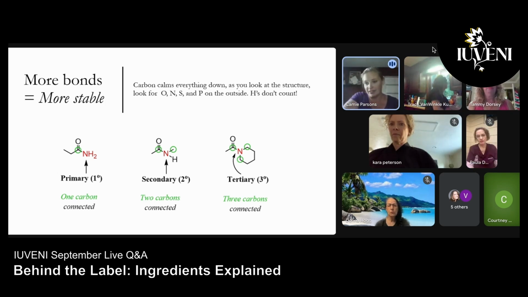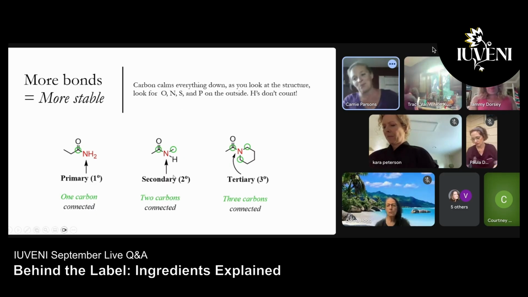Carbon calms everything down, which is why we are a carbon-based life form. So as you look at it, the more carbons you see, the more stable it's going to be. And then look at the edges. Look for oxygen, nitrogen, sulfur, phosphorus. And on any of these, hydrogens don't count. Hydrogens will pop off, pop back on, pop off, pop back on. Happens all the time. So just look for how many carbons it's attached to.